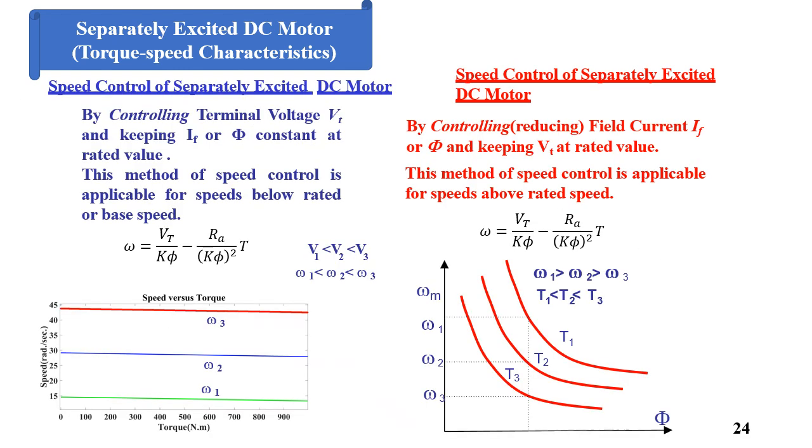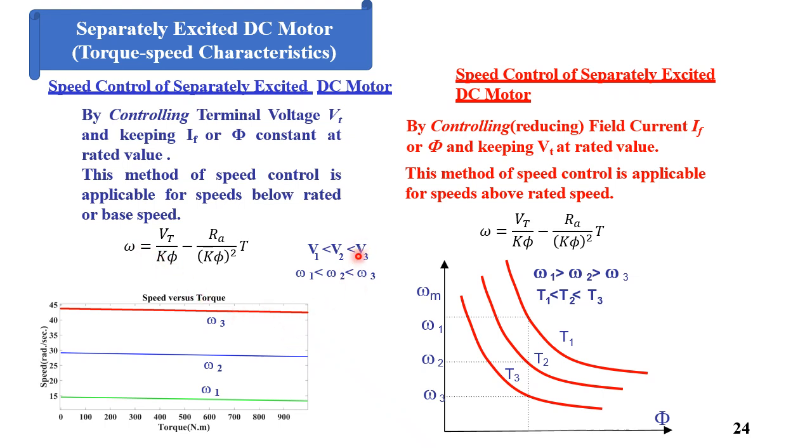For the speed control of separately excited DC motors, we have two ways of speed control. The first method is controlling the terminal voltage. The terminal voltage is directly proportional to omega. Then by increasing the terminal voltage, we will obtain a higher speed.